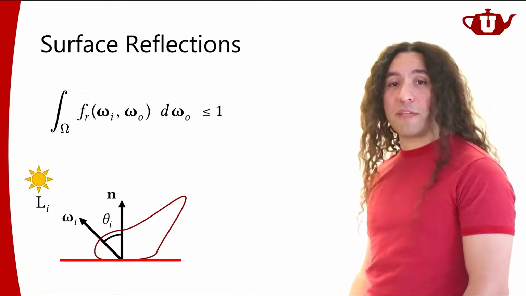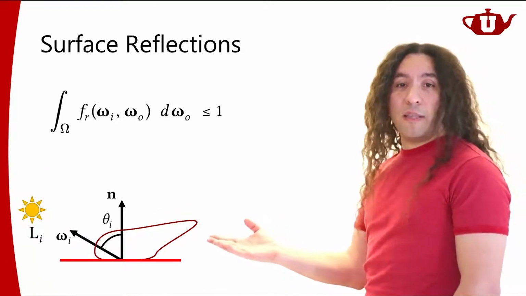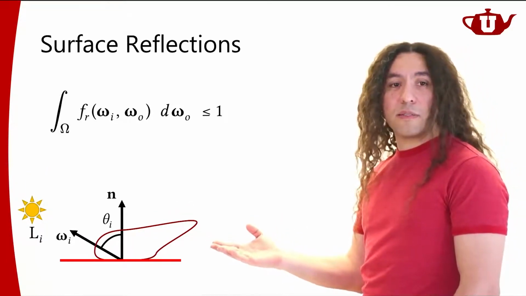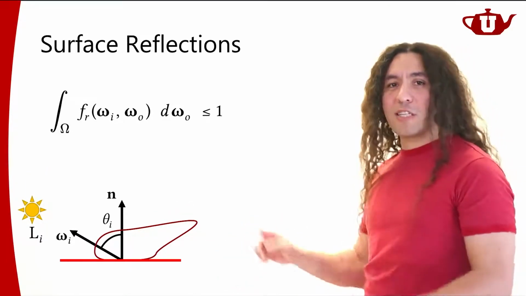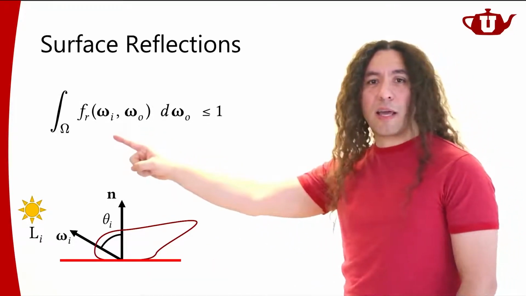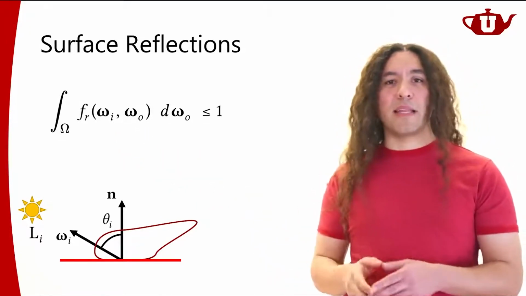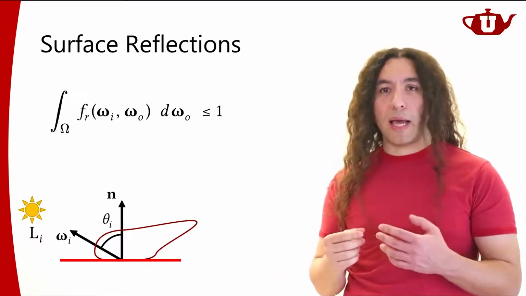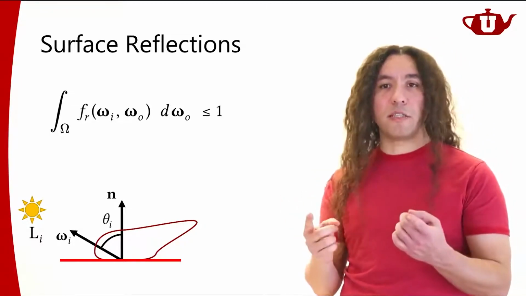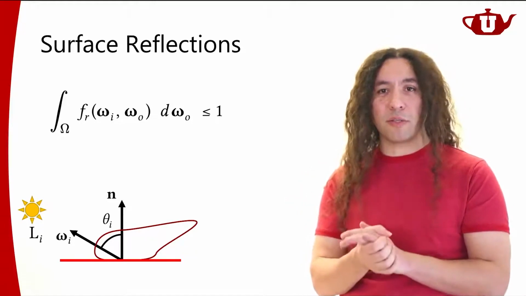So if the light direction is something different, I'm going to get a function that looks a little bit different. So BRDF is not just a function of the outgoing direction, it's a function of both incoming and outgoing direction. So in 3D, I can represent an incoming direction in 2 dimensions.